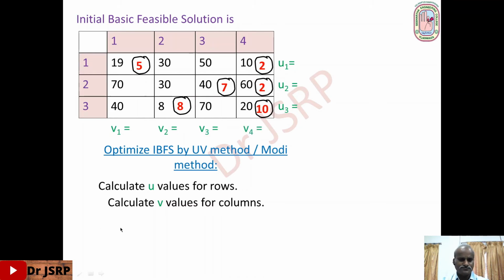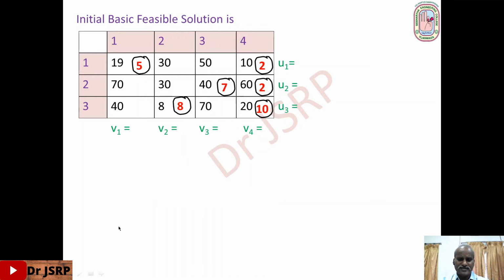What is the relation? For a basic cell i, j, Ui plus Vj equals Cij. So we have this relation for each basic cell. We have 6 basic cells, so 6 equations. And how many unknowns? 4 plus 3, 7 unknowns. So one unknown is more than the number of equations.